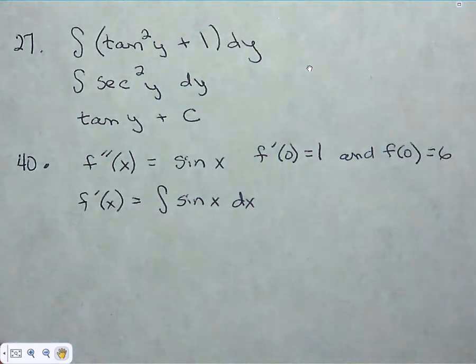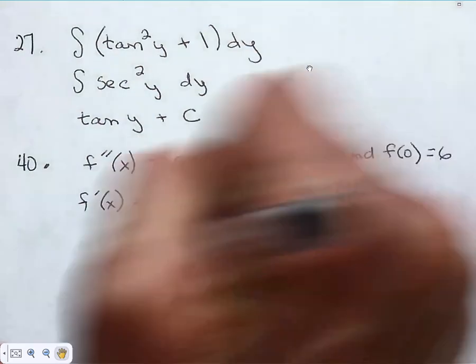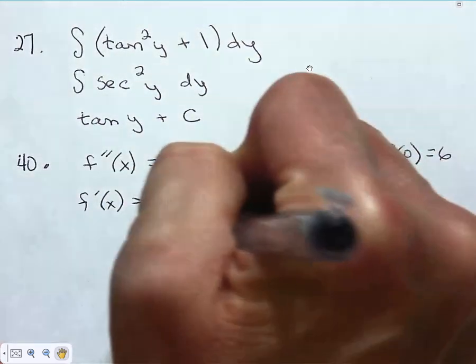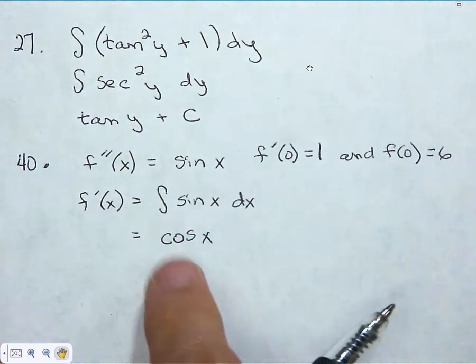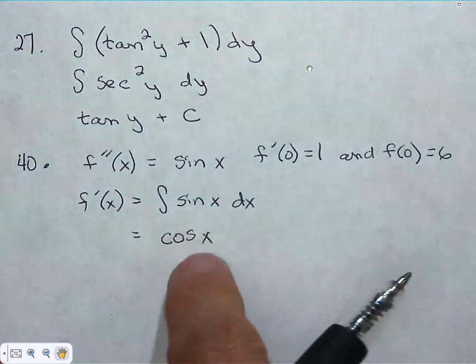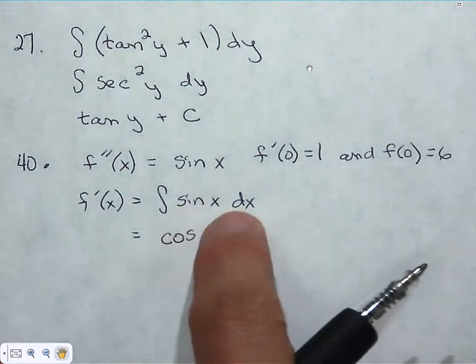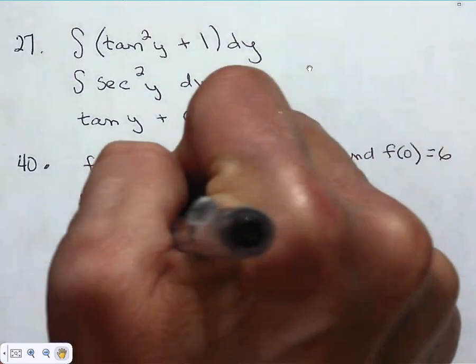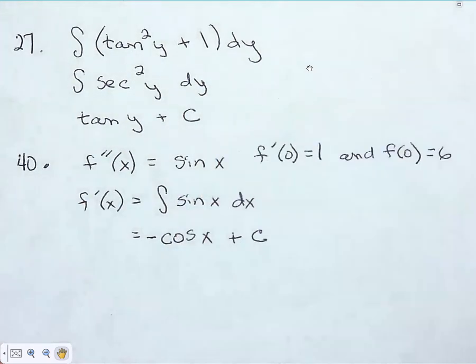And what is the antiderivative of sine x? Is it cosine or negative cosine? Just be real careful. Negative cosine. If you thought it was just positive cosine, and then you checked your answer by differentiating, the derivative of cosine would be negative sine, and that's not what you wanted right here. So make sure you say the antiderivative is negative cosine x plus some constant.